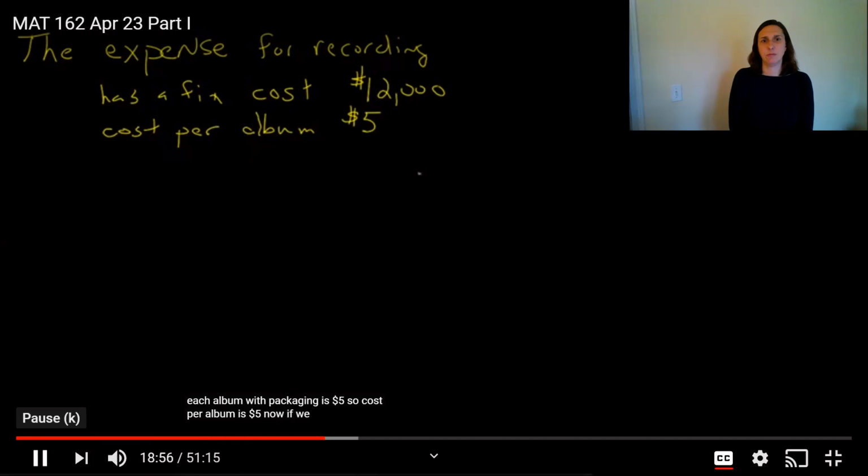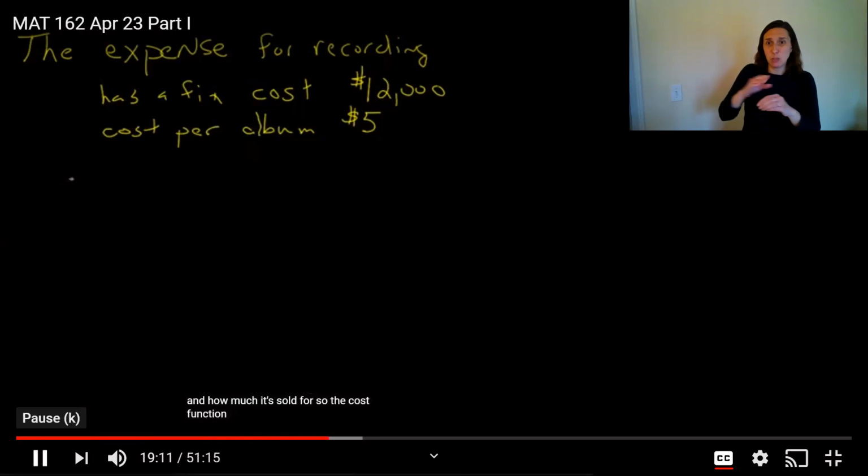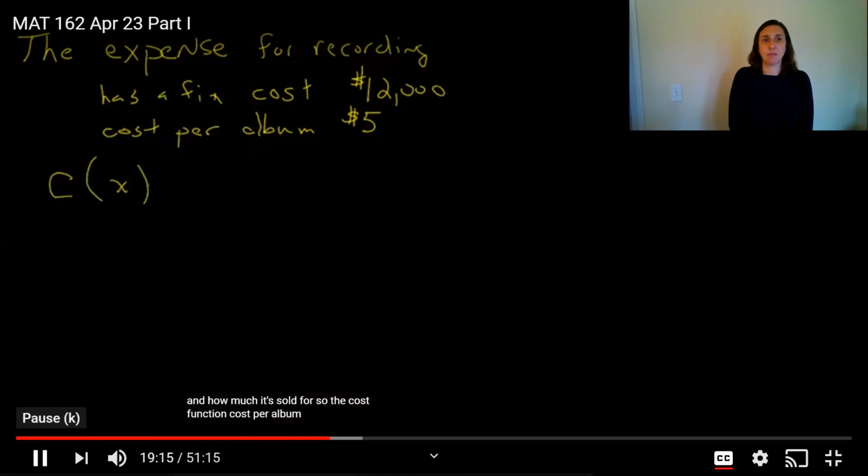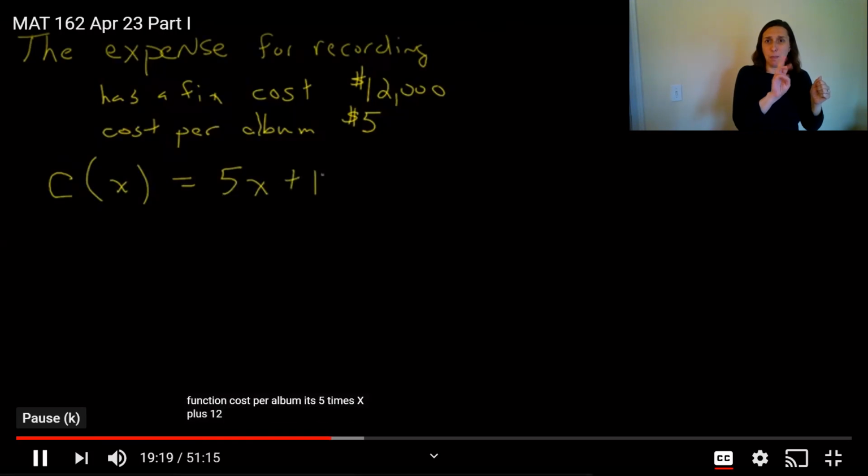Now, if we want to find the total cost of producing everything and how much it's sold for, so the cost function, cost per album, is 5 times x plus 12,000.